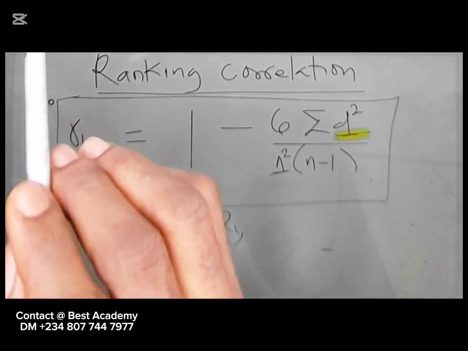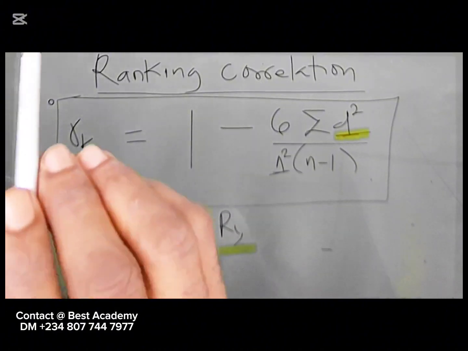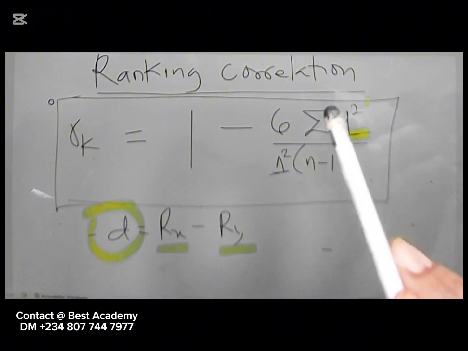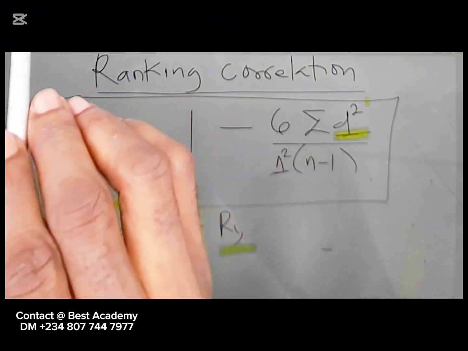So now let's try to find the ranking of s and the ranking of y. Let's rank s and also rank y. Ranking of s and y will give us the difference, this d here. So when you square d, you are going to get this here. Okay, so let's try to solve this, please.